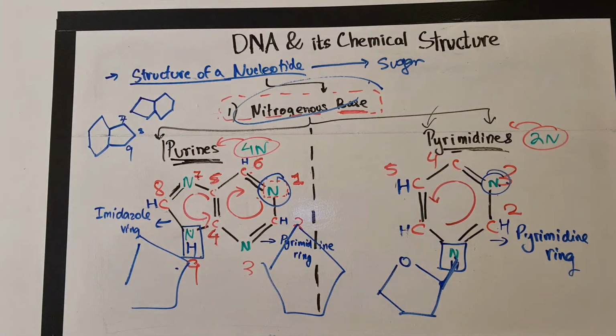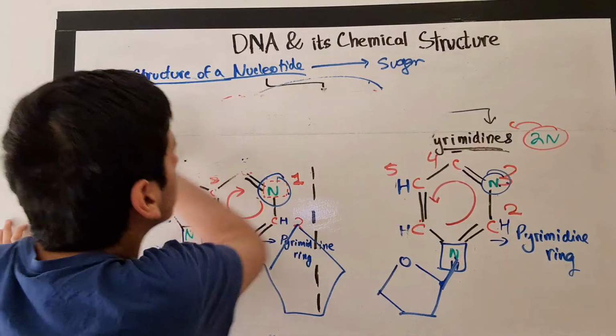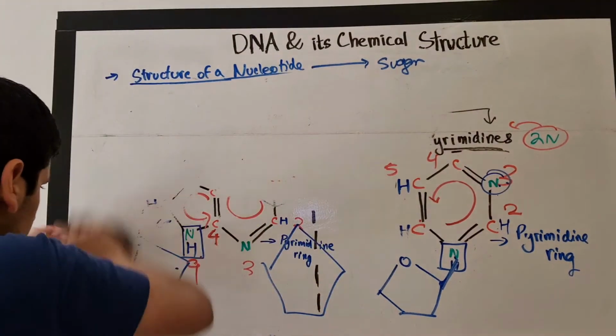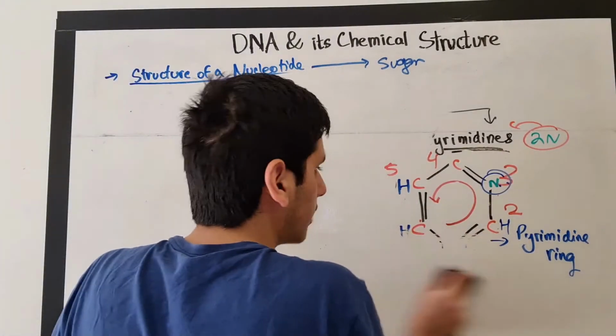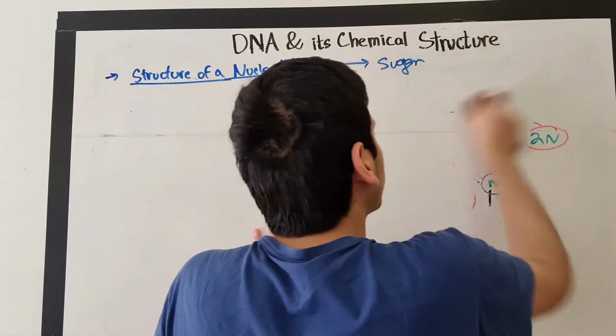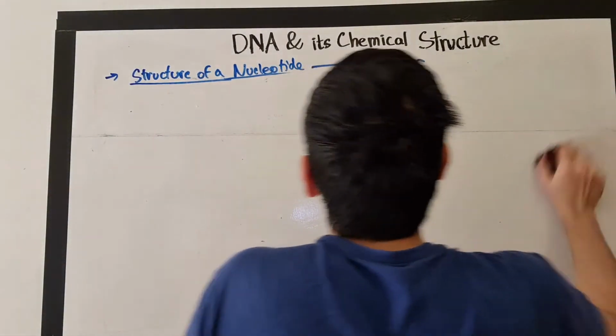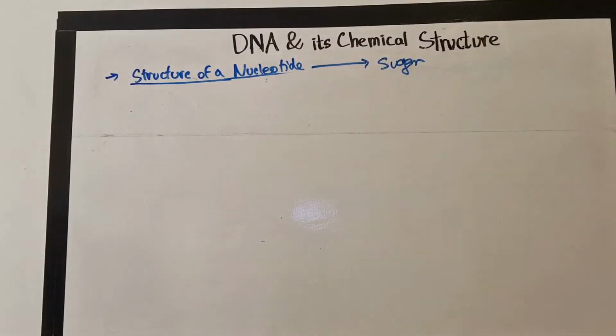And let's see, so we're done talking about purines and pyrimidines. And now let's try to just quickly draw the structures of the nitrogenous bases. And now that'll be very easy, but I'll be explaining to you while drawing about the differences between the various groups and bonds and everything in between the purines and between the pyrimidines. So let's start.